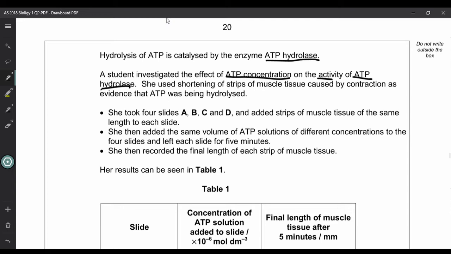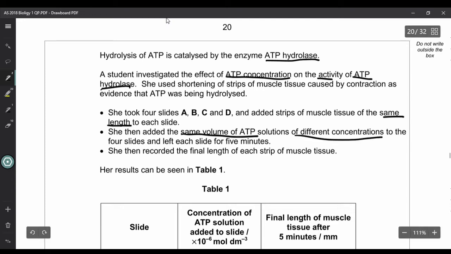So the shorter that the muscle strips became, the more ATP was hydrolyzed. She took 4 slides, A, B, C and D, and added strips of muscle tissue of the same length to each slide. She then added the same volume of ATP solutions of different concentrations to the 4 slides and left each slide for 5 minutes.